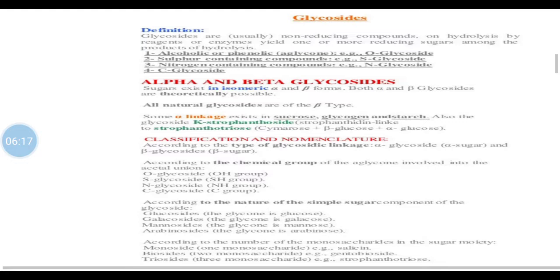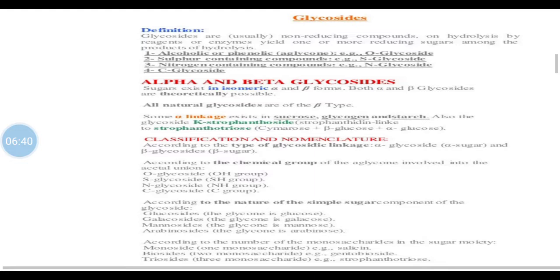Like O glycosides which contain hydroxyl group, S glycosides contain sulfur group, N glycosides contain nitrogen group, and C glycosides which contain carbon group.